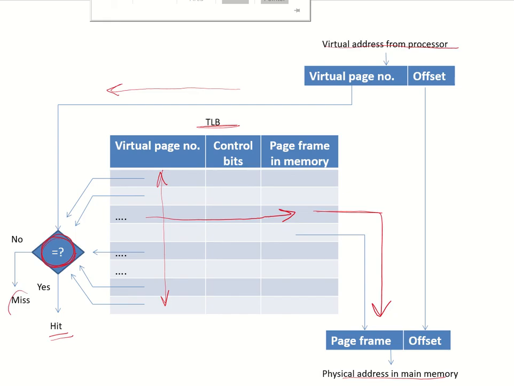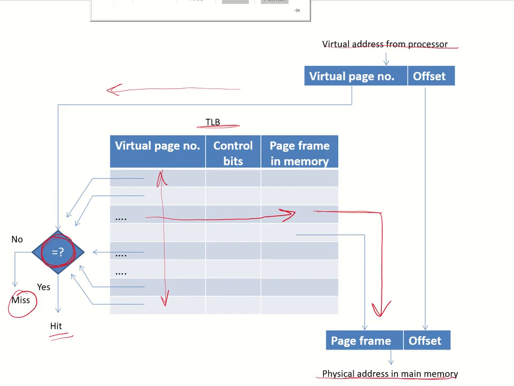Otherwise, if it was a miss, then the page table in the main memory will be accessed by the MMU. The page frame information will be obtained and then the physical address will be generated.